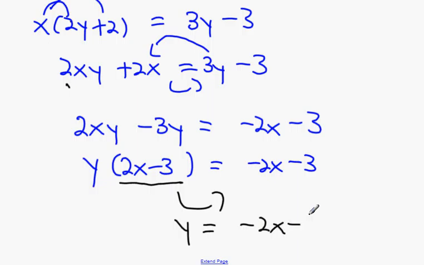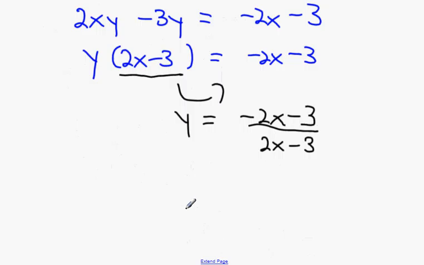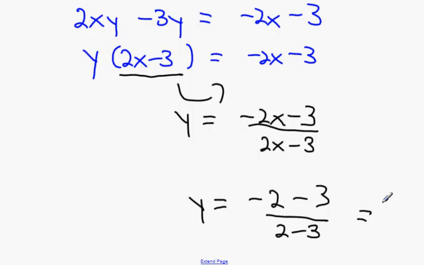Minus 2x minus 3 divided by 2x minus 3. Alright? The whole point of the question then was to find the y value when x equals 1. Replace all x's with 1. It's going to be minus 2 minus 3 over 2 minus 3, which is going to be minus 5 over minus 1, y equals 5.